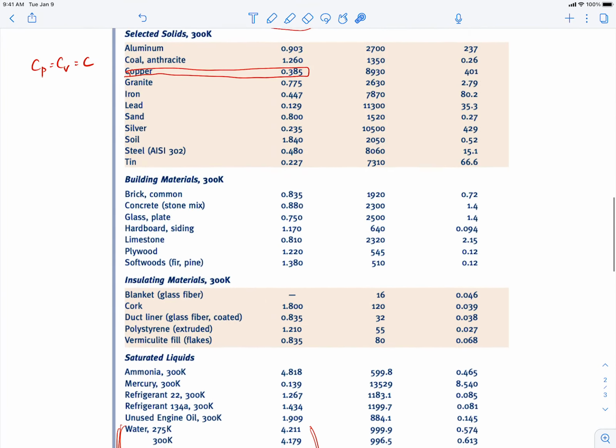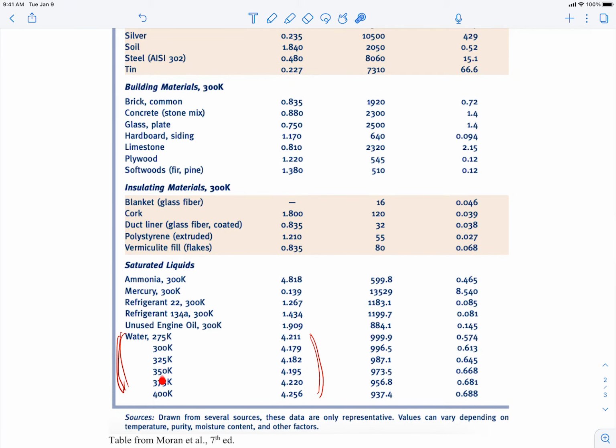So let's go back down here. When I am choosing which value to use for water, I'm going to use the 300 K value, and let me just box it in.